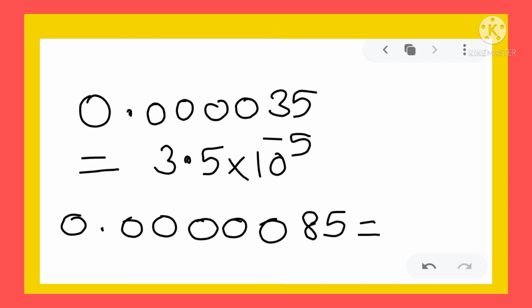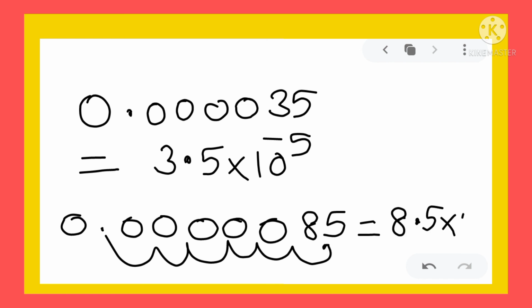Here how many zeros are there? 1, 2, 3, 4, 5 zeros, but the decimal we want to move to 1, 2, 3, 4, 5, 6. Here we want to stop. So we can write it as 8.5 into 10 raised to negative 6.